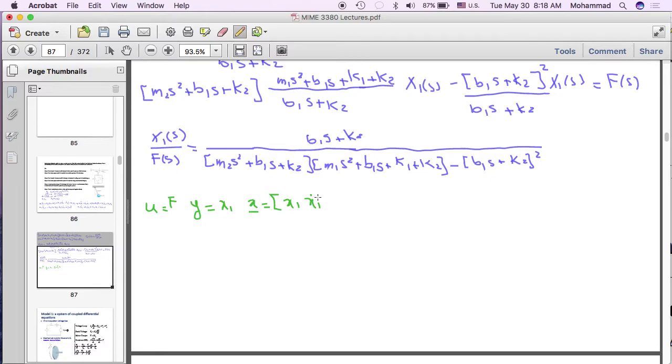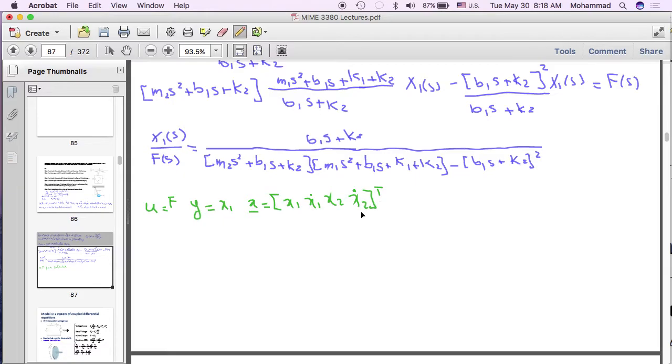And a fourth order system has how many state variables? It has 4. So what are the other 2 state variables? They're x2 and x2 dot. And always a state vector is a column vector. So if you write it as a row vector, you need to put a transpose sign so you know it's a column vector. Okay, so we got this.